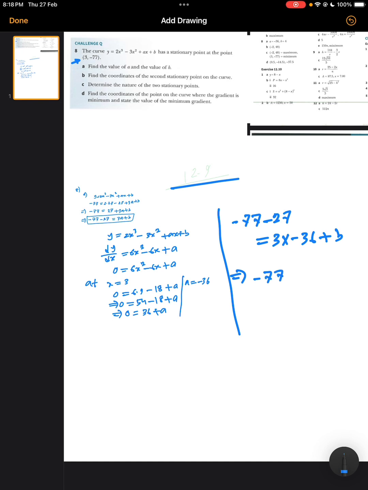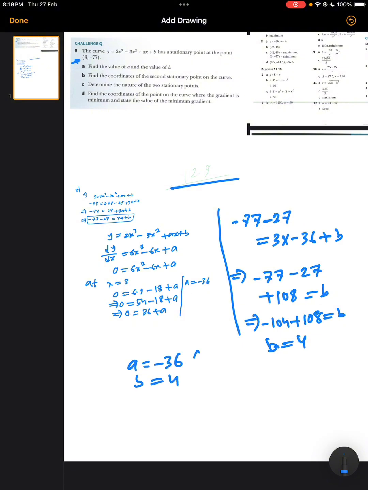That means -77 minus 27 plus 108 is equal to b. So -77 minus 27 is -104, plus 108 is equal to b. That means b is equal to 4. Yeah, the answer is correct. a is equal to minus 36 and b is equal to 4. Our part A is done.